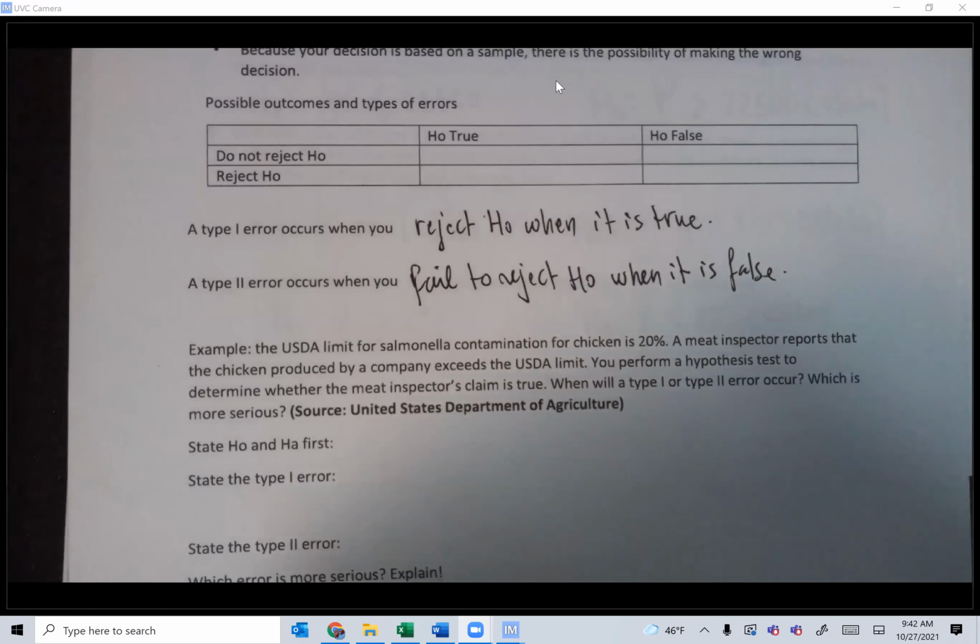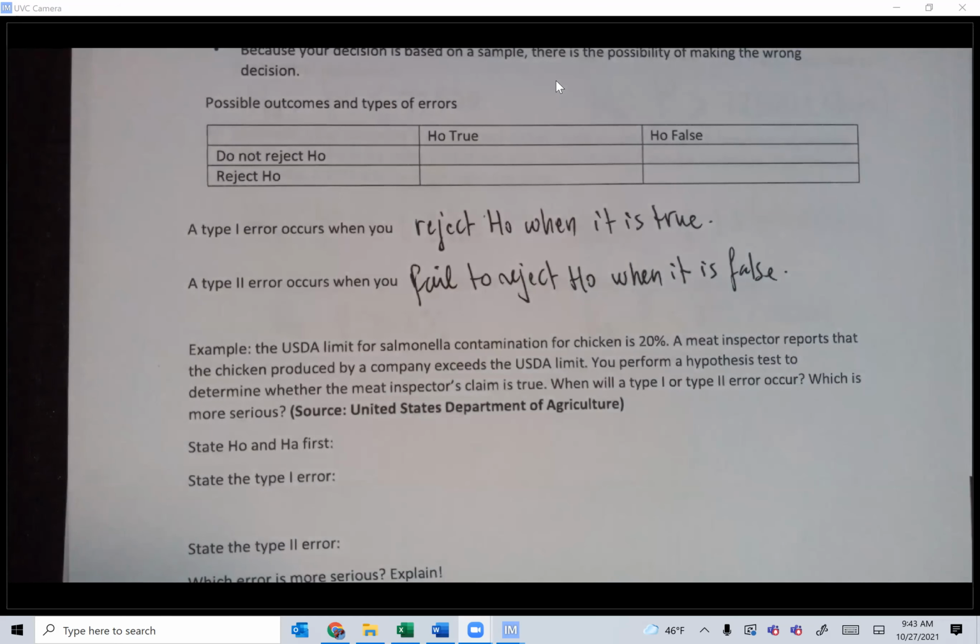I'll tell you 2 plus 2 equals 5, but because I'm the teacher, you don't want to disappoint me or embarrass me, you tell me you're correct. But 2 plus 2 is not 5, it's 4. So you fail to reject something that is wrong. I made a wrong statement, no students rejected that one. This is a type 2 error. So you need to understand the difference between those two types of errors, okay?